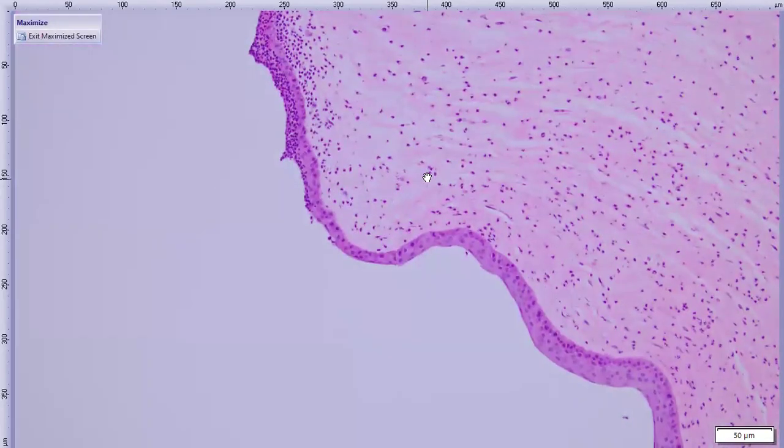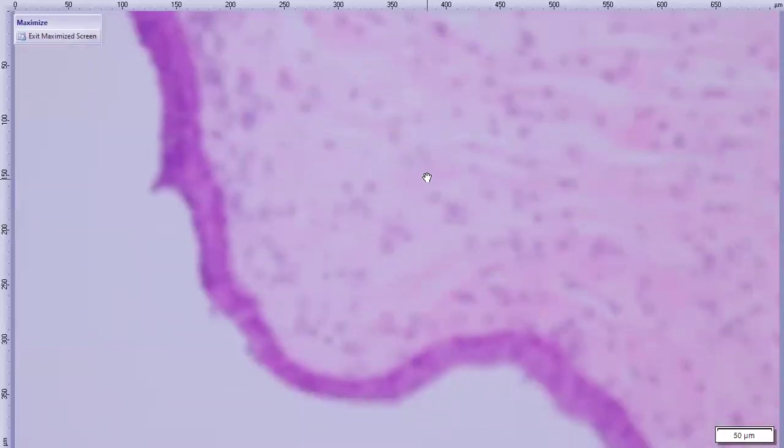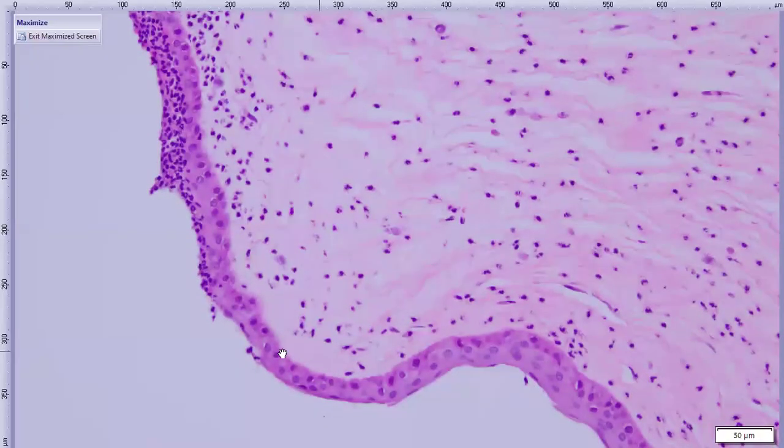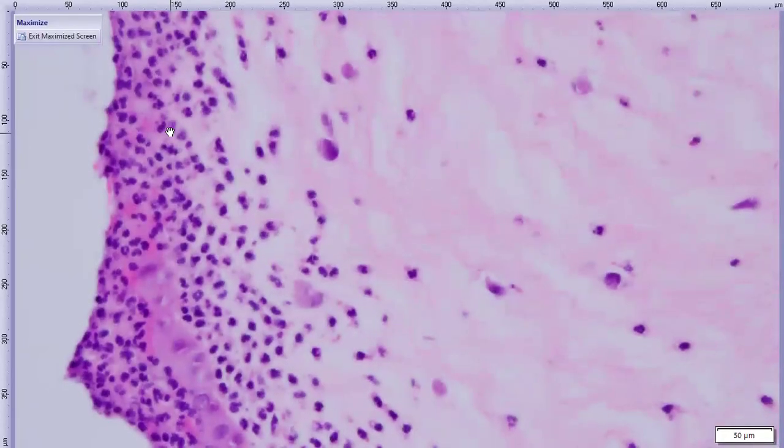So as we follow the epithelium, it does eventually become discontinuous. Here it is present, and then you can see a bunch of neutrophils in the epithelium right here. And then as we follow it, it just disappears. So corneal epithelium is gone. So yes, true corneal ulceration, as they mentioned clinically.